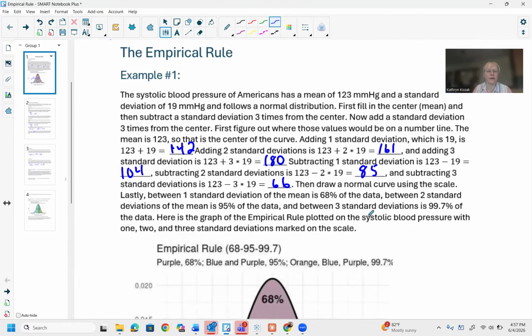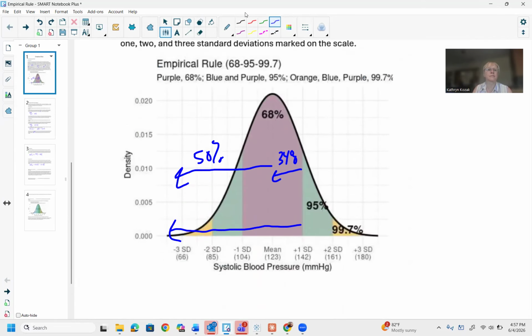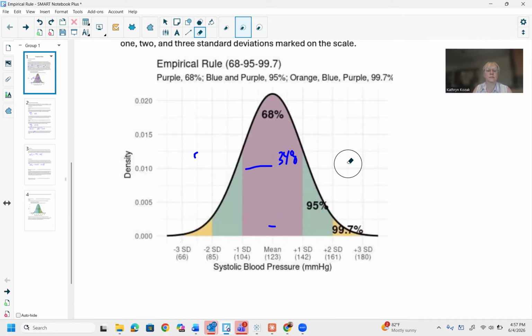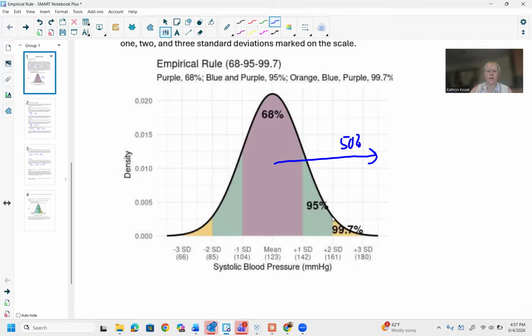Again, looking at our graph, we know that this whole area is 50%, and we know from here to here is the 47.5%.